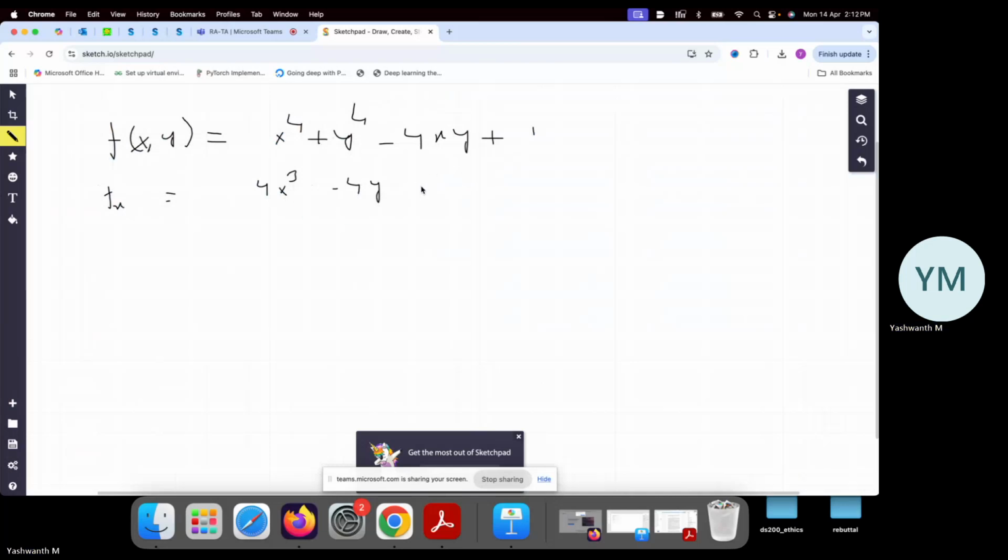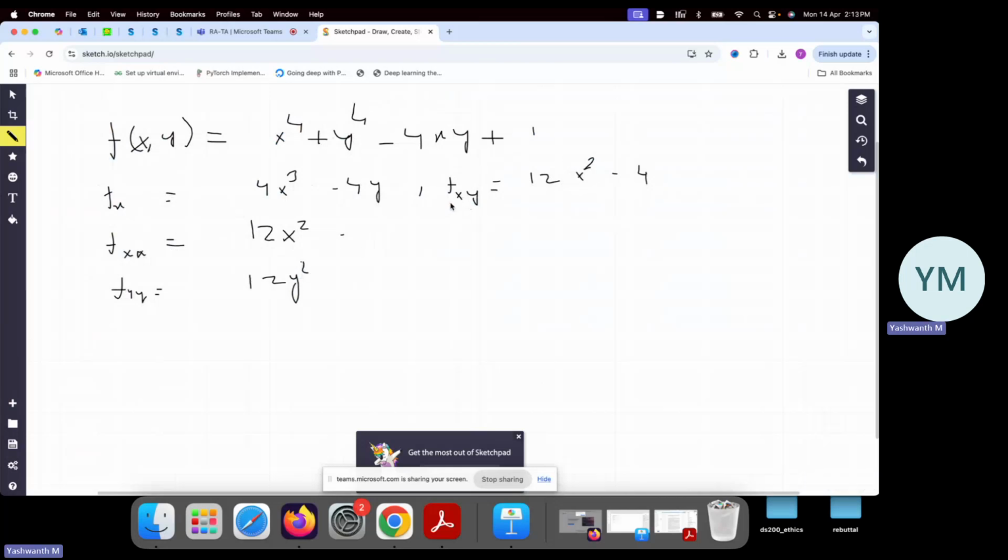Then the second derivative fxx is 12x squared. Because of the symmetry of the function in x and y, fyy is 12y squared.